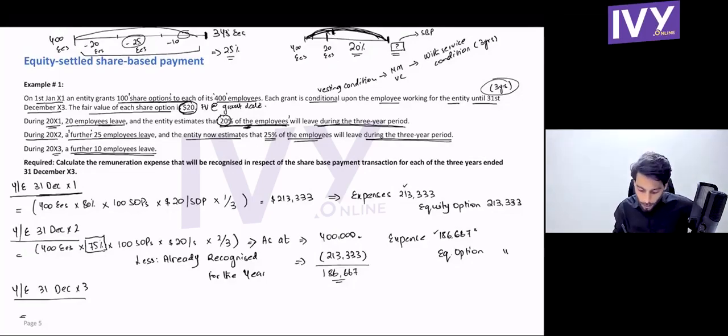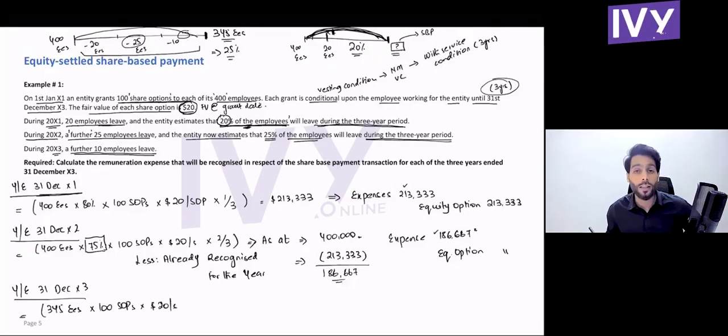So the calculation here should be 345 employees, each with 100 SOPs, worth $20 per SOP, and we'll do 3 by 3 because this is the third year.